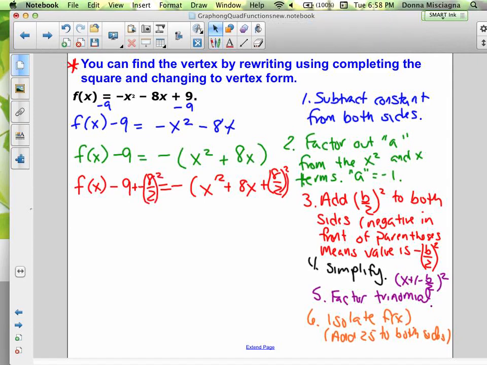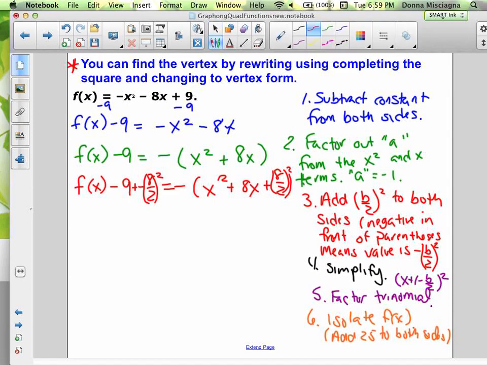So very important, if your a is not 1, don't forget, whatever you add to the other side, make sure it's a times what you added. Now it matches. So we really added negative 8 divided by 2 squared to the right-hand side. I need to add negative 8 divided by 2 squared to the left-hand side.